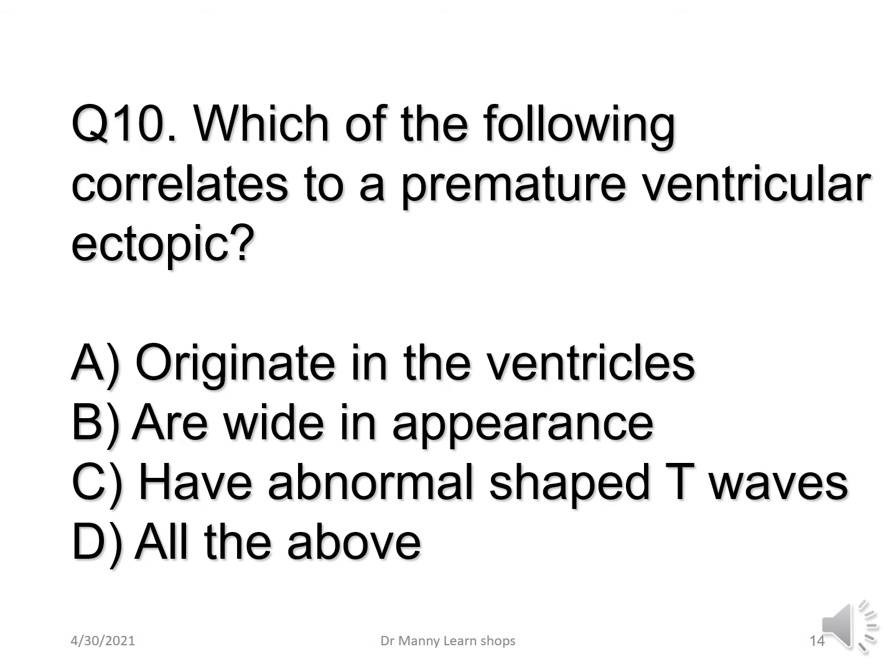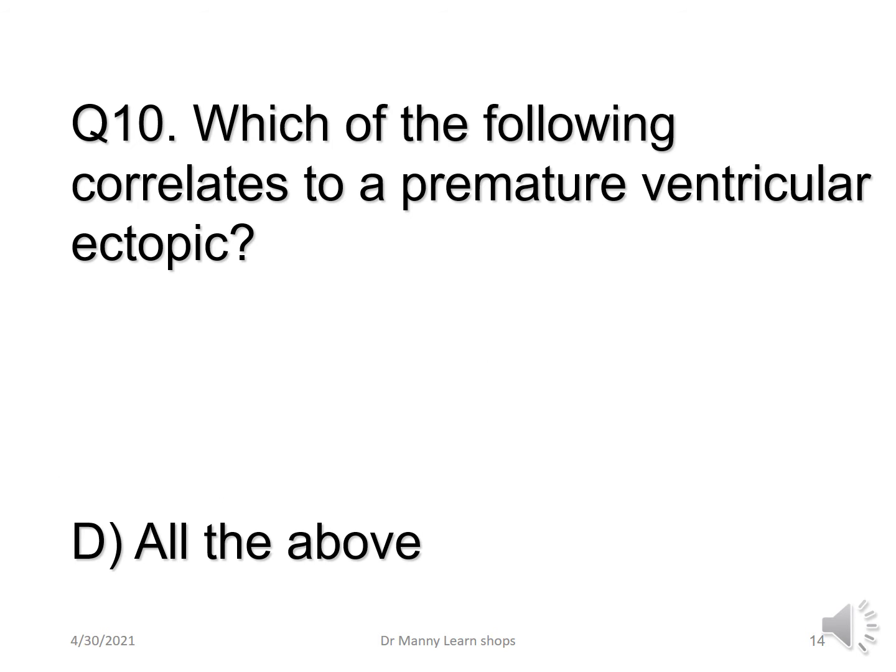Which of the following correlates to premature ventricular complexes, ectopics, contractions, PVCs? A, they originate in the ventricles. They're wide in appearance. They have an abnormally shaped T wave. Is it all of the above? The correct answer is yes, it's all of the above.